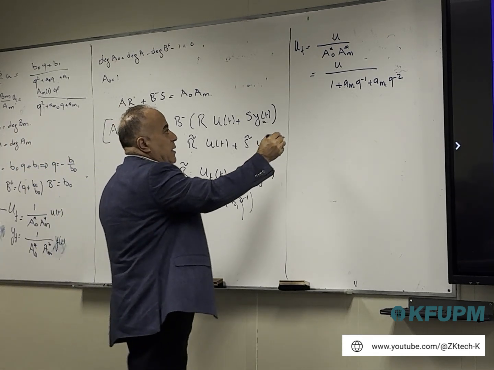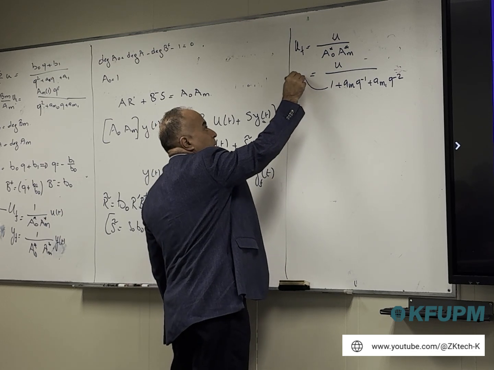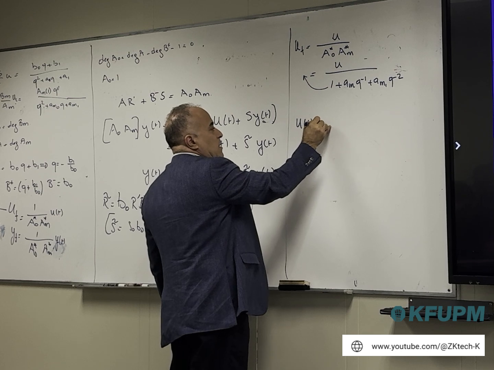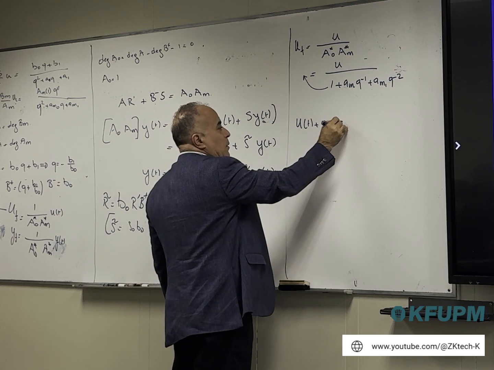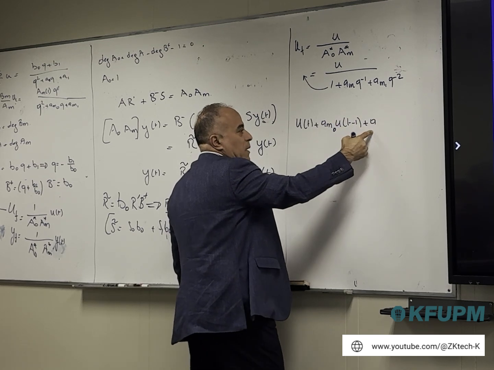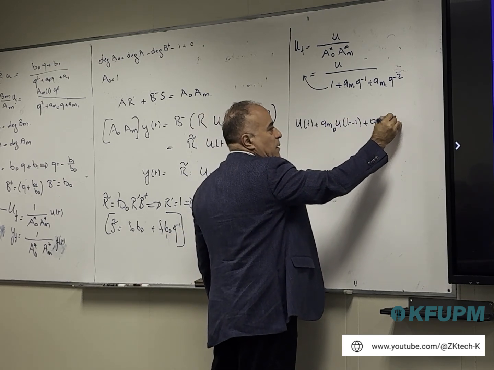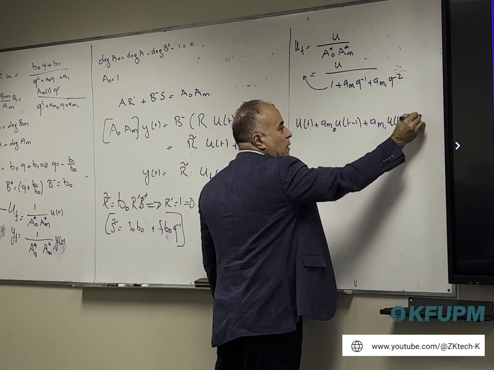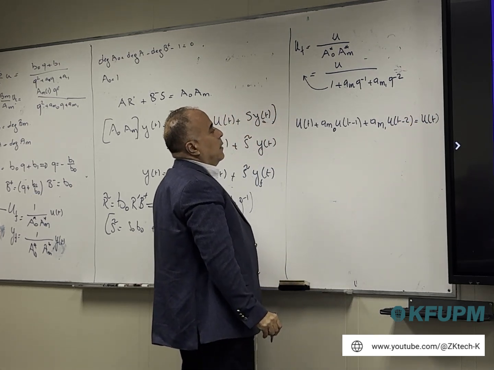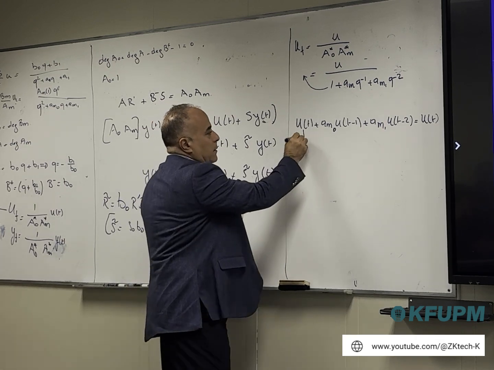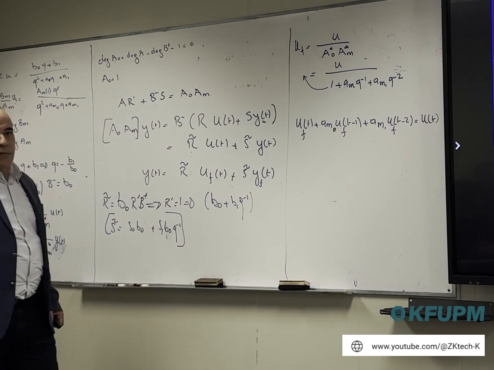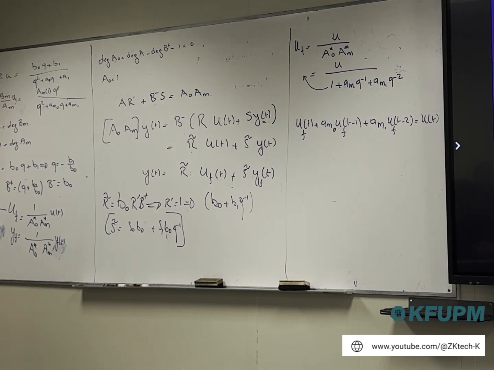So if we take this and multiply it to the left hand side, you are going to have u of t plus Am0 u of t minus 1 plus Am1 u of t minus 2 is equal to u. The u's on the left are all filtered, u filtered. Everybody is okay with this?